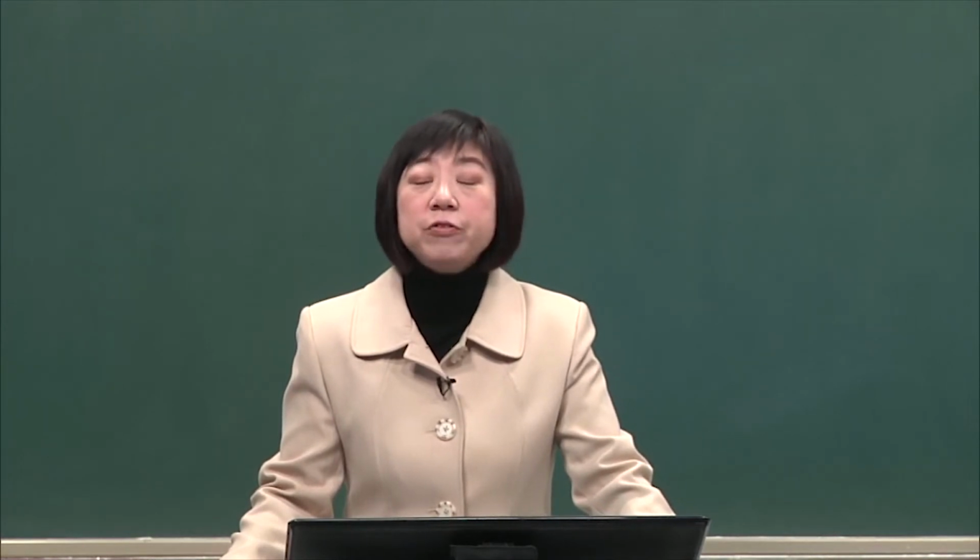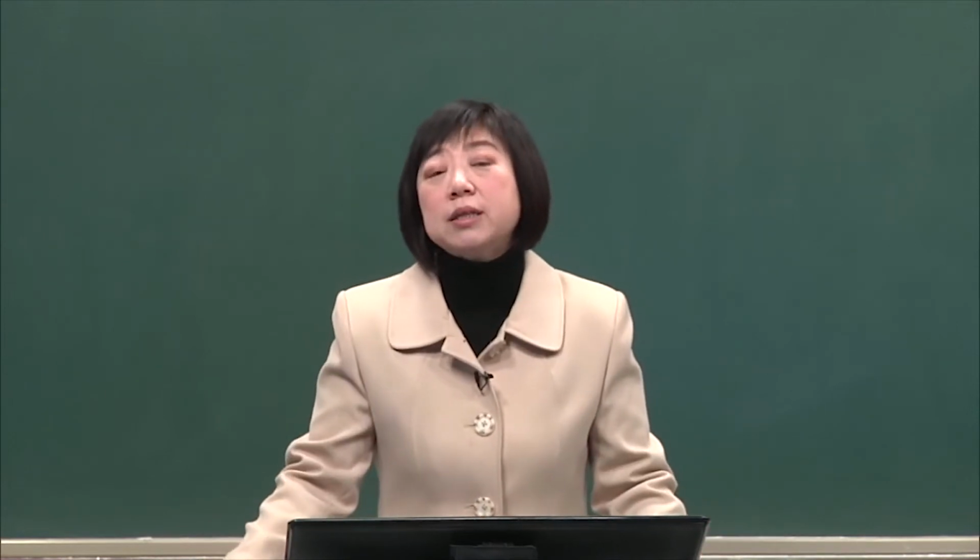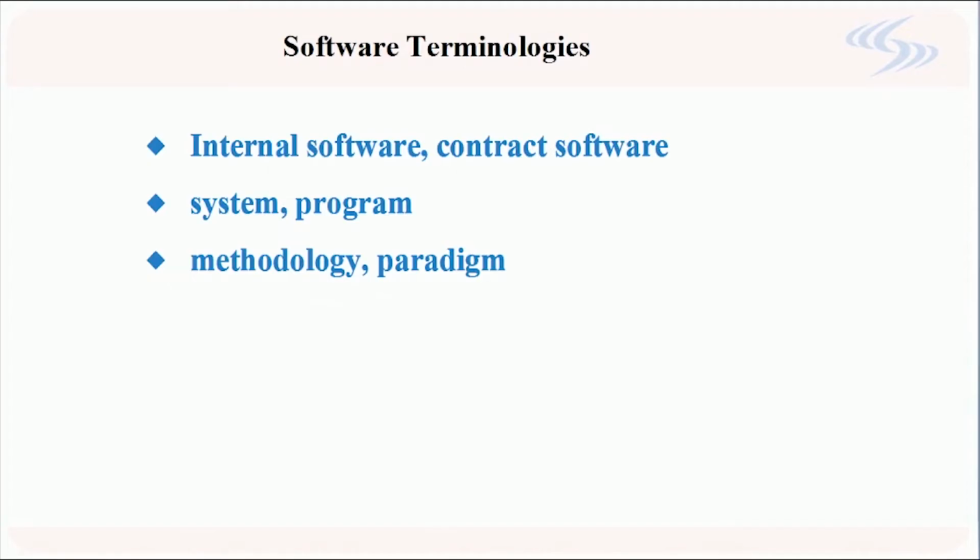A program may be just a block of code that can provide one functionality, or maybe just a few functionalities. We can't say that a program is a system. And we must understand that a software system is composed of some or many programs. So just imagine how many programs a Windows system consists of.